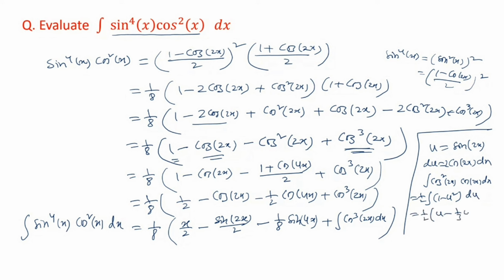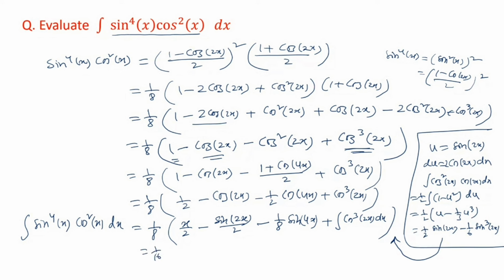This is half of u minus 1 over 3 u to the power 3. So this is equal to half, u is sine 2x, so sine 2x minus 1 over 6 u to the power 3, so sine to the power 3 of 2x.